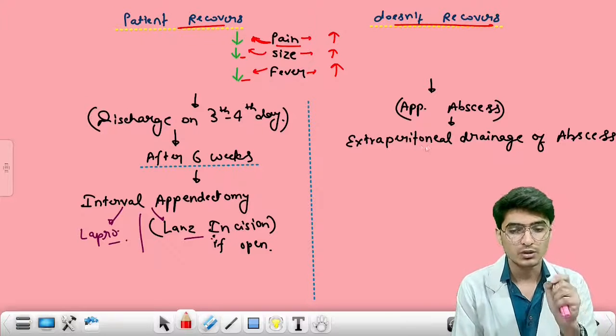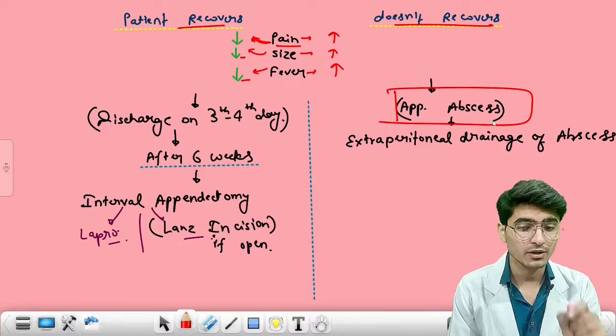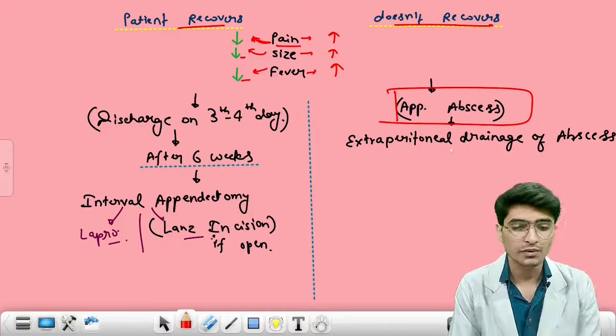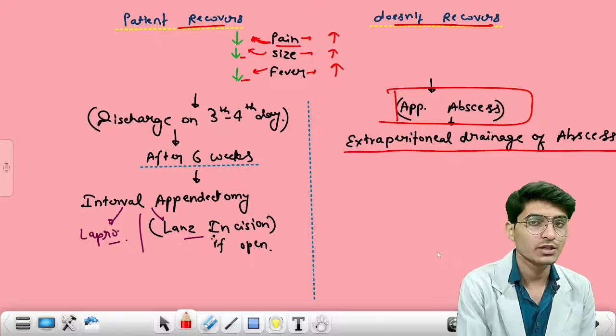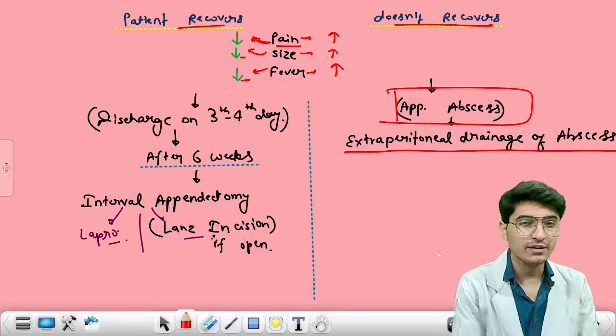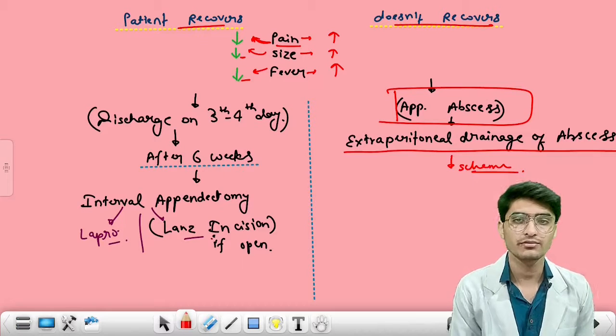If it is not improving, that might suggest the formation of an appendicular abscess. So what do we do? We will go for extraperitoneal drainage of the abscess. We need to drain the abscess, and then again follow the regimen and wait for a few days.